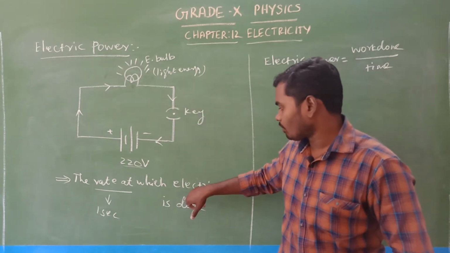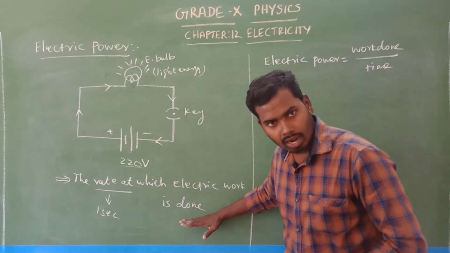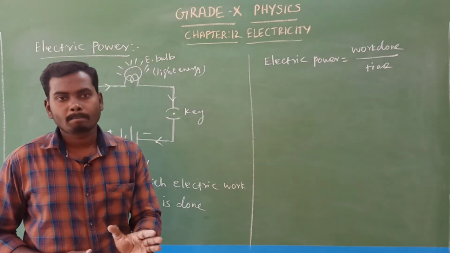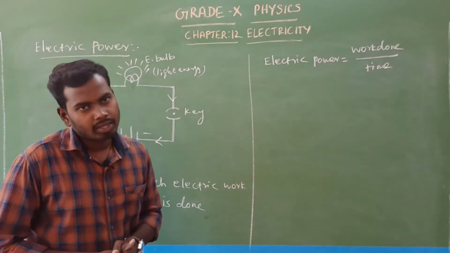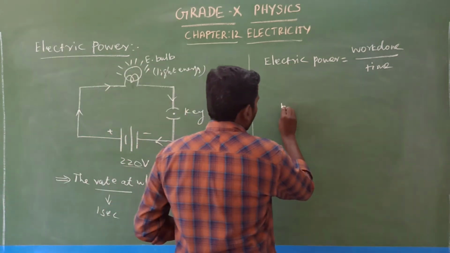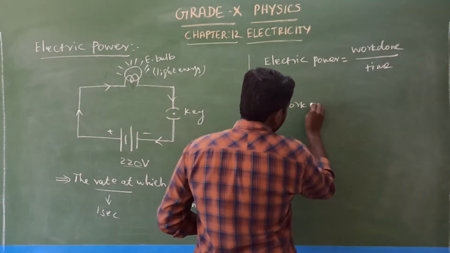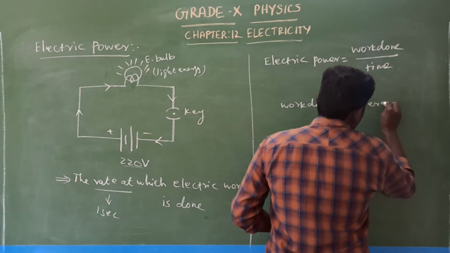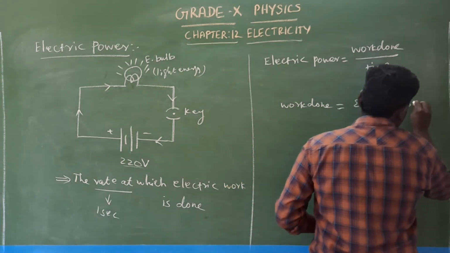So this was the definition of power in terms of work done. Next I am going to write the definition in terms of energy, because work done is equal to energy consumption.